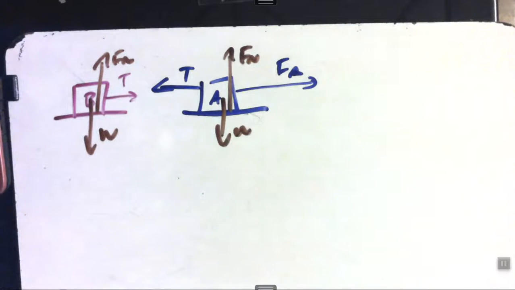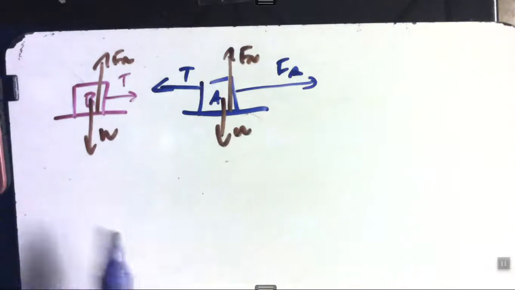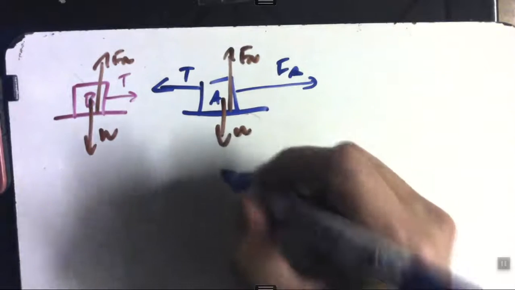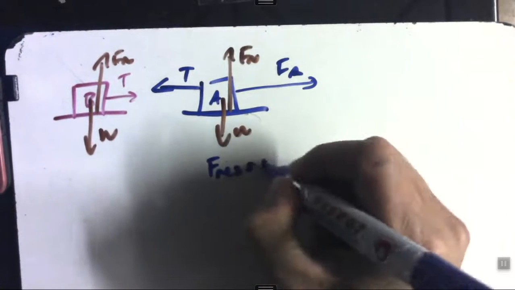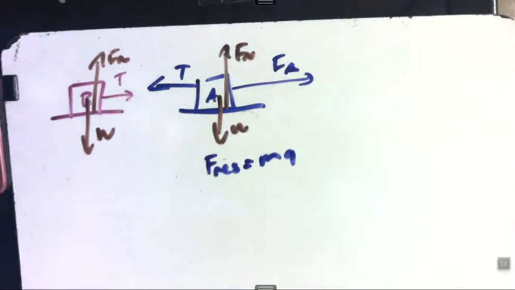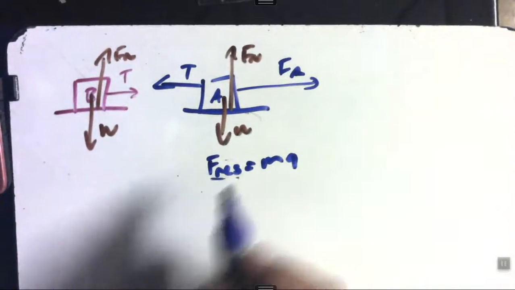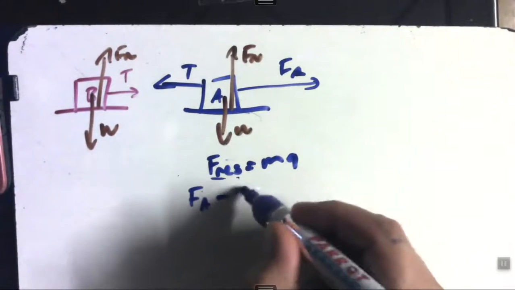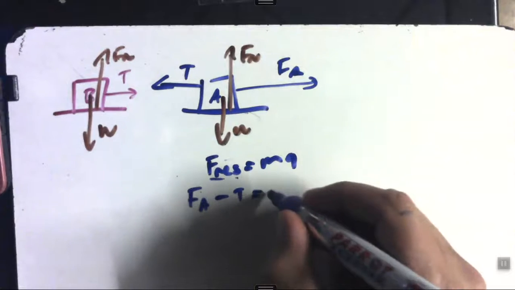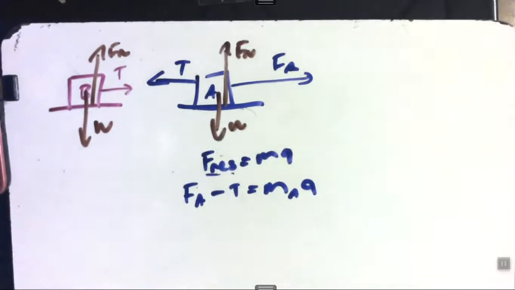Now, the trick with a system is you can either look at it as one big system, or you can look at it individually. So if we look at block A individually, Newton's second law says the resultant force is mass times acceleration. Okay? In this case, the resultant force consists of an applied force minus a tension force is the mass of A times the acceleration.